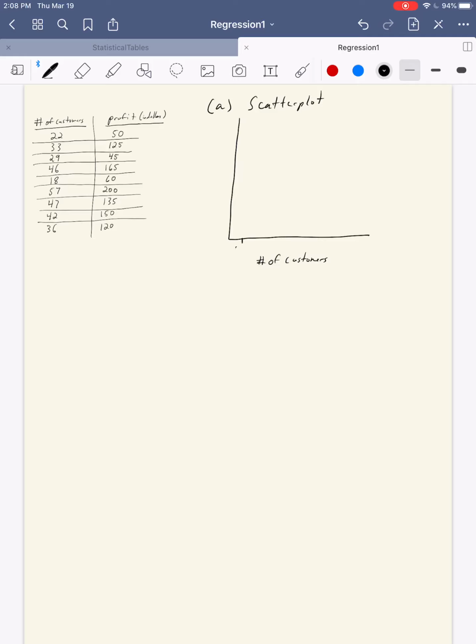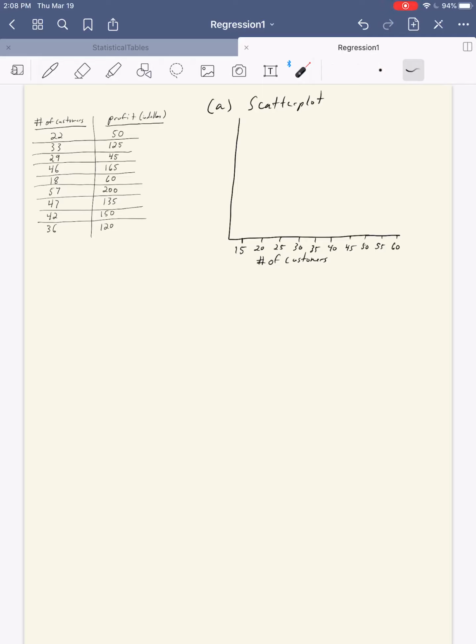I'll pick round numbers. Let's go 15, 20, 25, 30, 35, 40, 45, 50. Looks like I'll need to extend that a little bit. 55 and 60, to make sure that we can see all of that.